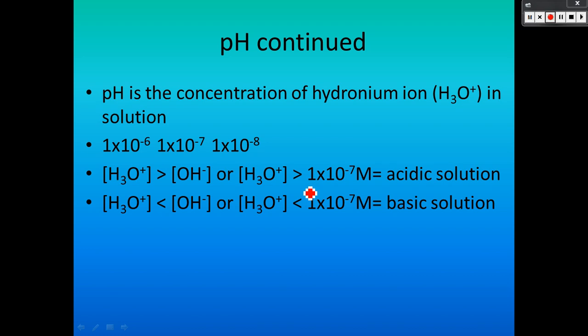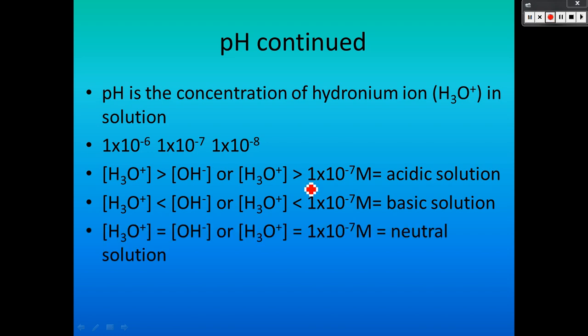And so from this, you should be able to figure out what a neutral solution is. It's when the hydronium and hydroxide concentrations are equal, or the hydronium concentration is, do you remember how to say this? Yeah, say it. That's 1 times 10 to the negative 7. And so that would be neutral.